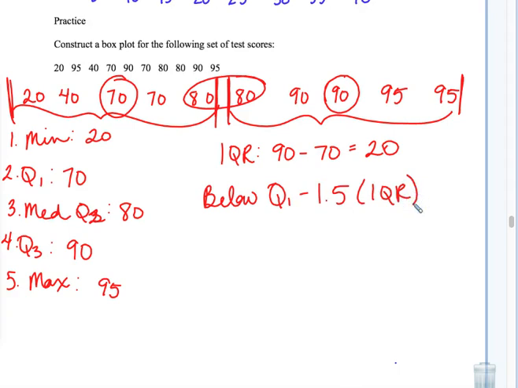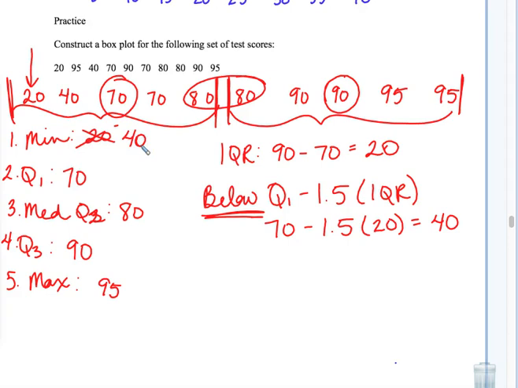So this is going to be 70 minus 1.5 times 20. When I do that, I get 40. So do I have anything below 40? Yes, I do. 20 right here is an outlier. If it's an outlier, it can't be my minimum. So now my minimum has to be 40, and 20 is just an outlier.